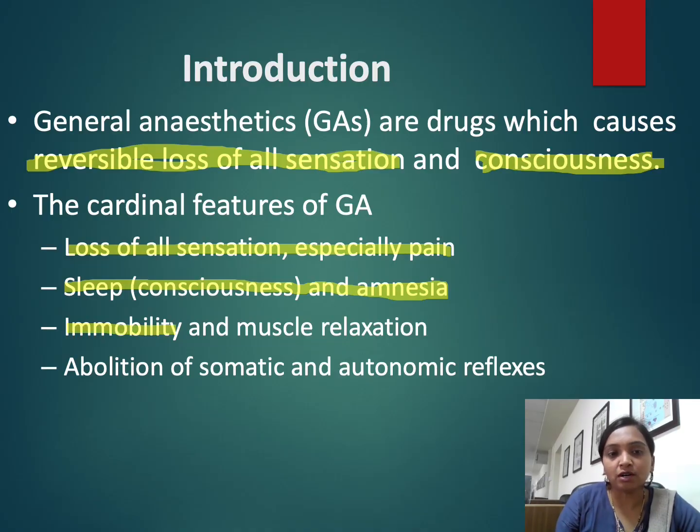It should produce good immobility and muscle relaxation so that the procedure becomes easy, and it should abolish all the somatic and autonomic reflexes so that there should not be any involuntary movement. So these are the four cardinal features of general anesthesia.